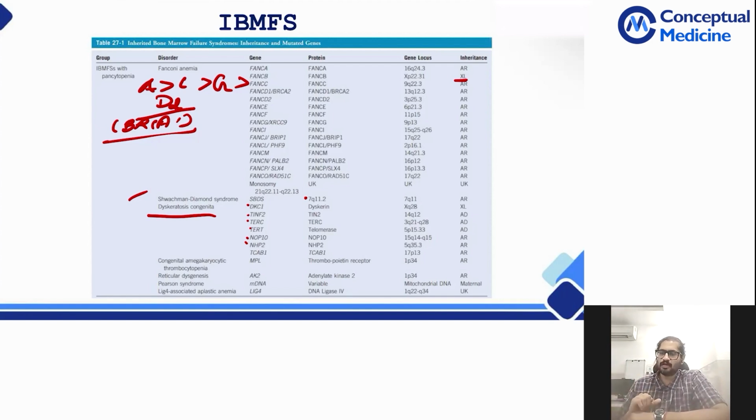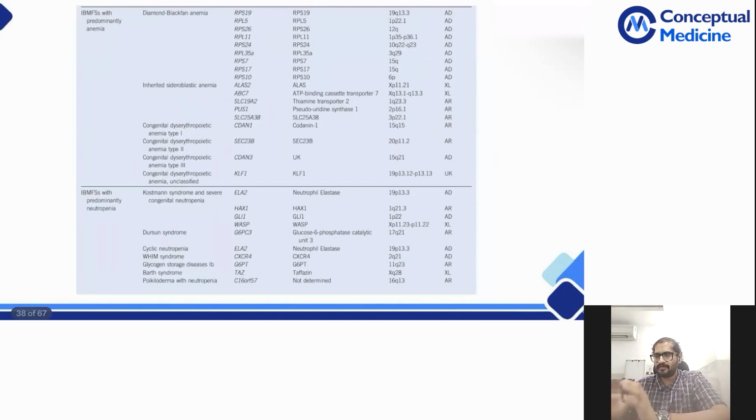Other syndromes are congenital amegakaryocytic thrombocytopenia, with mutation in MPL, the thrombopoietin receptor. And then we have Diamond-Blackfan anemia, which is characterized by these two mutations, RPS19 or RPL5.